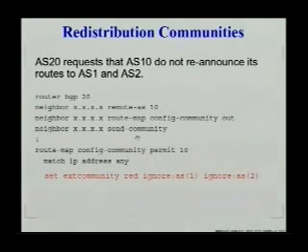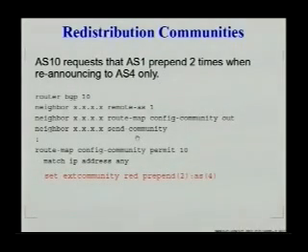So here ignore means that the route should not be reannounced, and the target is AS1, so the route will not be reannounced by the receiving router to AS1, and there is a second community attached that specifies that the route should not be reannounced to AS2 as well.